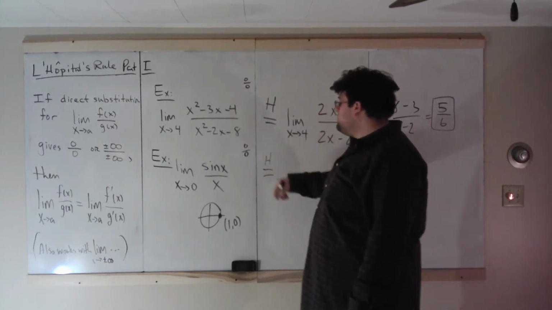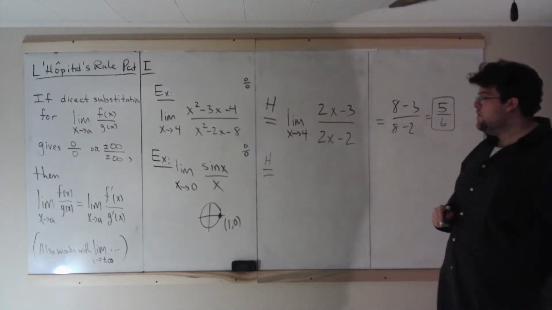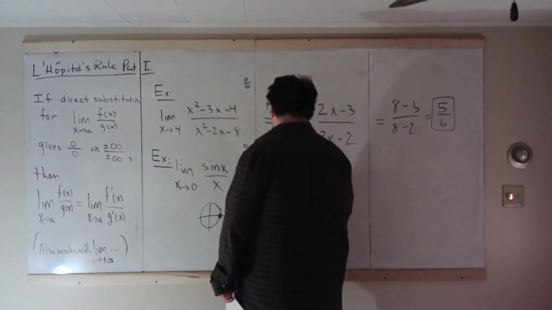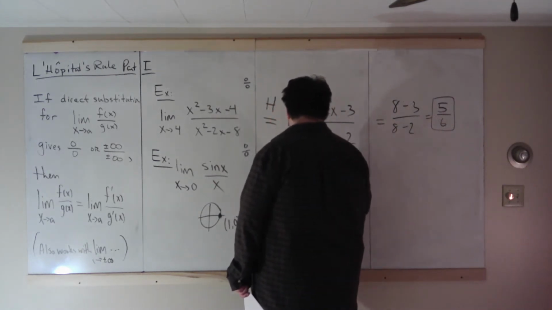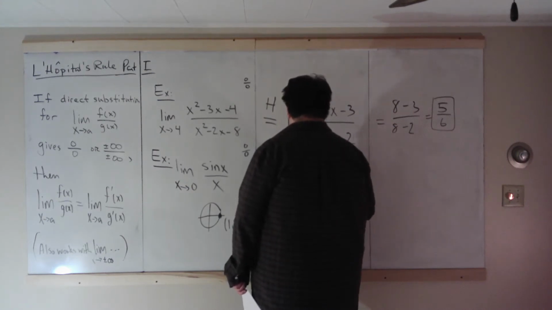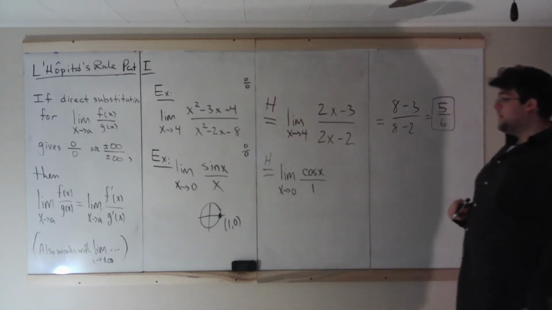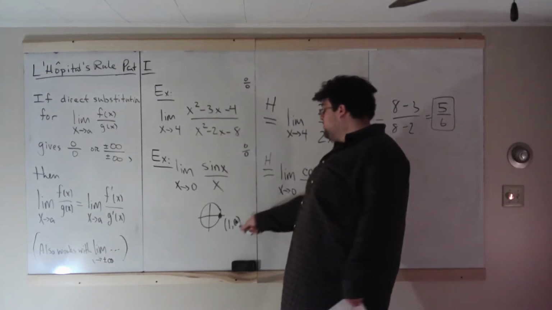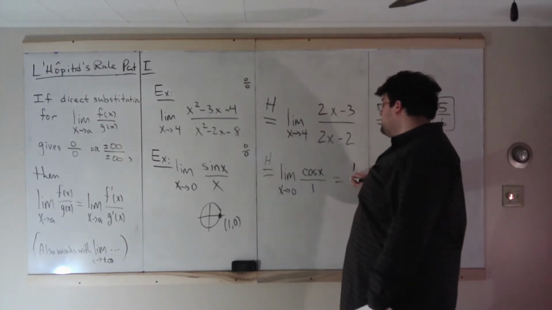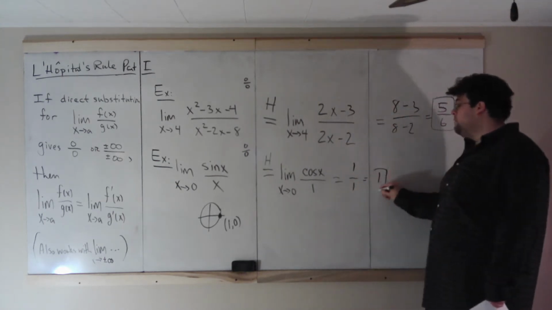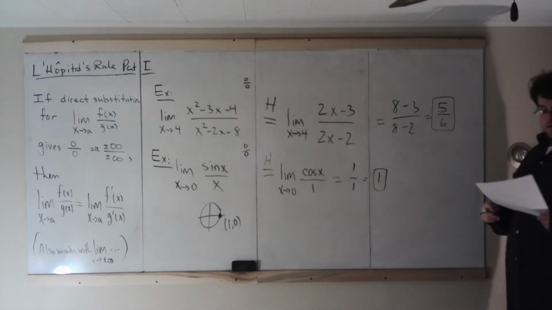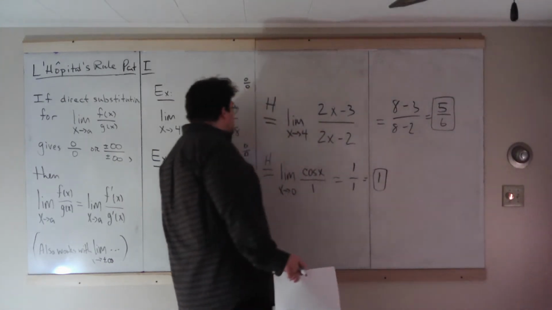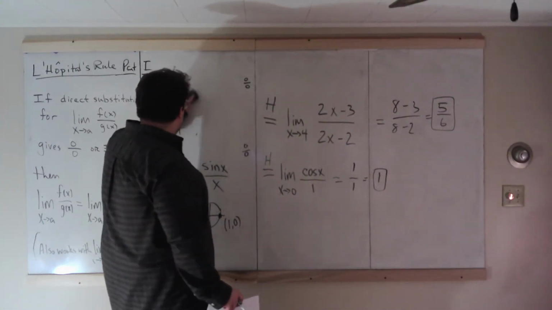It's a 0 over 0. So the limit is now this limit. The derivative of sine x is cosine x, and the derivative of x is 1. Cosine of 0 is 1, and the bottom is 1. So we have a second proof for this limit being 1.